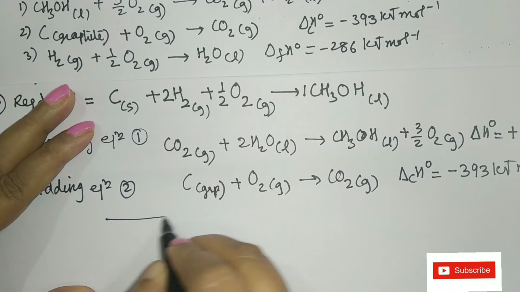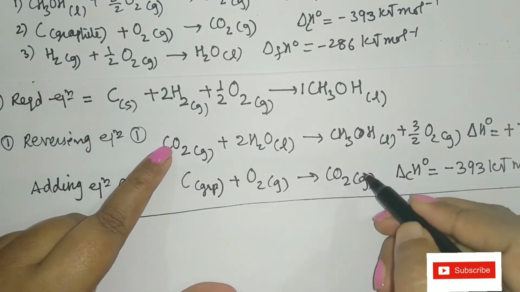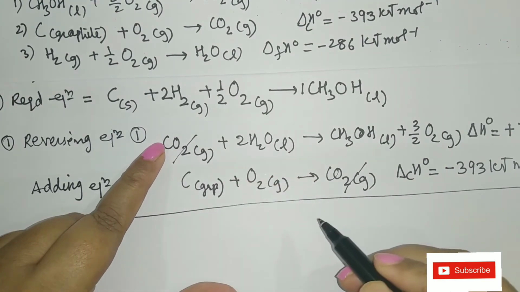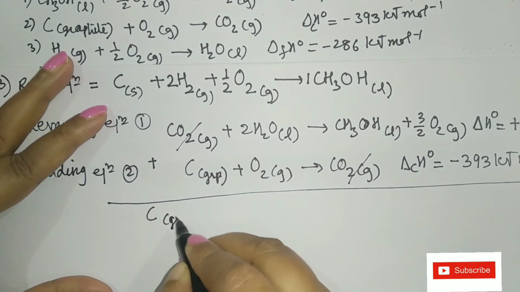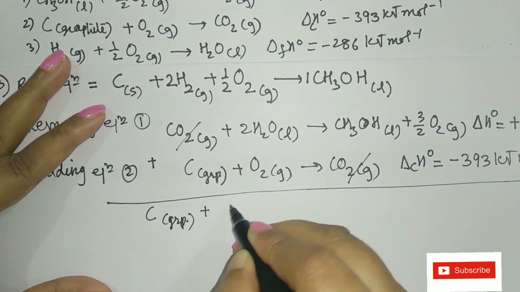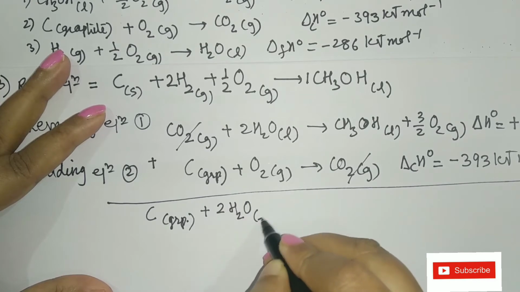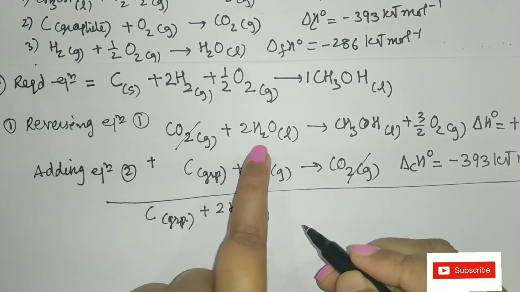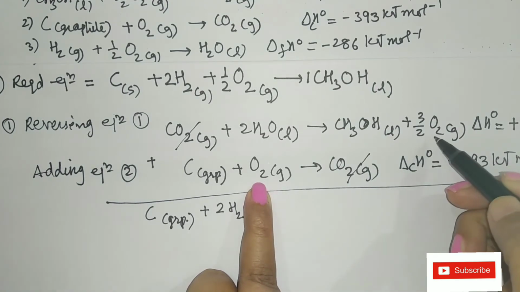Now let us add the two equations. What I will get here, carbon dioxide and carbon dioxide will get cancelled. And what I am left with now is carbon, graphite plus 2H2O liquid. Now students, what I am having here is O2 and this is also O2.